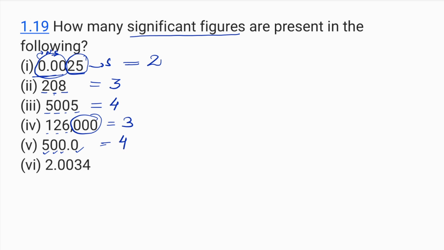The last one again has non-zero digits with zeros in between, so all are significant: 1, 2, 3, 4, 5. There are 5 significant figures. These rules are going to be helpful in knowing how many significant figures are there.